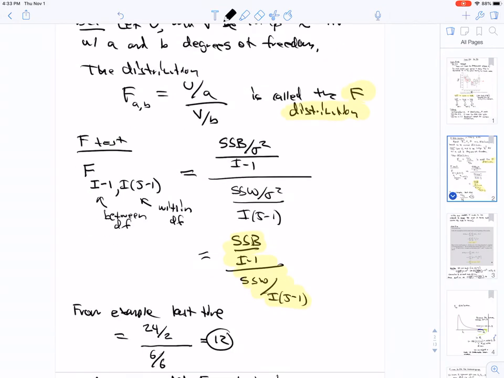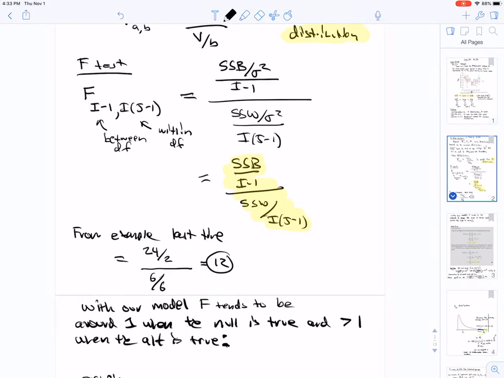So we can apply that for our situation. Here the F test is going to have a test statistic with an F distribution with our two parameters, a being I minus 1 and b being I(J minus 1). So it's essentially SSB over SSW, and so yes, in fact, the F statistic is SSB over I minus 1 divided by SSW over I(J minus 1).